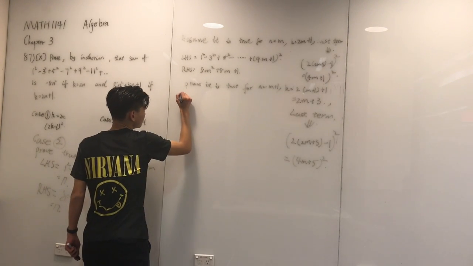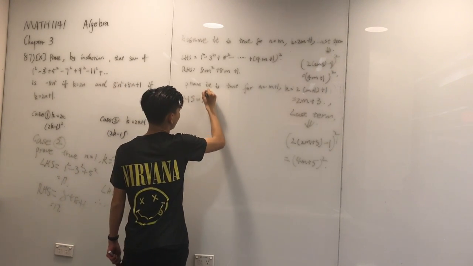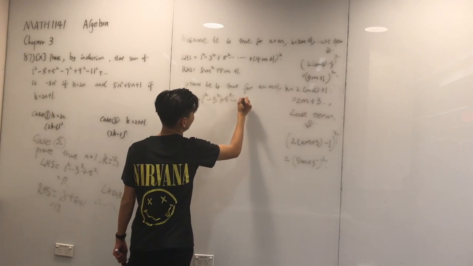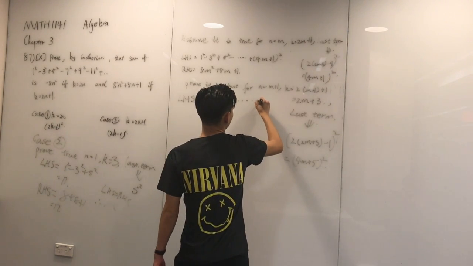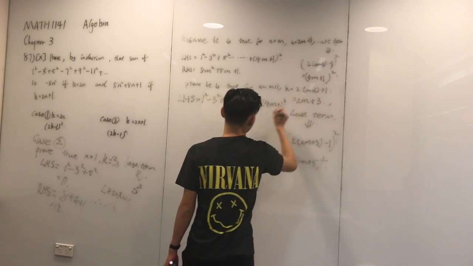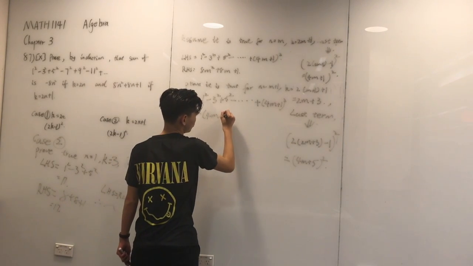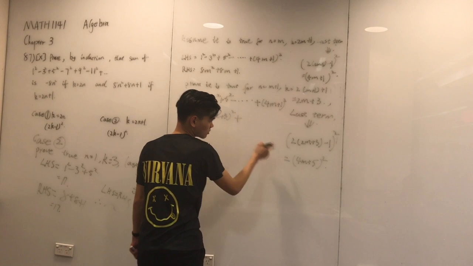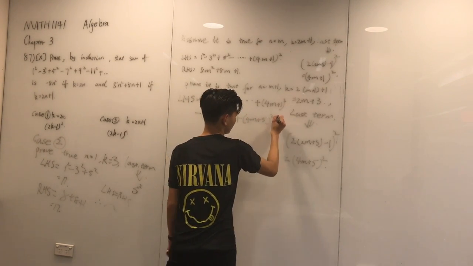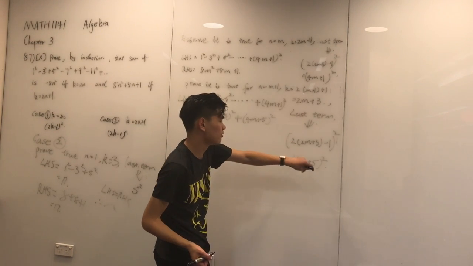So left hand side will be 1 squared minus 3 squared plus 5 squared minus blah blah blah plus 4m plus 1 squared minus 4m plus 3 squared plus 4m plus 5 squared. So we're going to reach the last term, which is 4m plus 5.